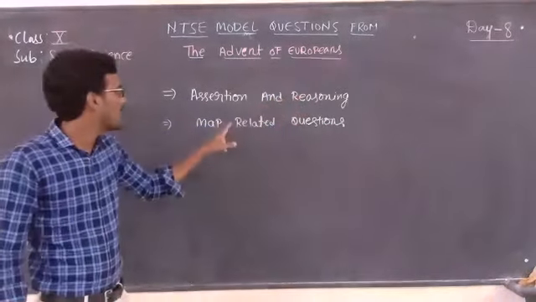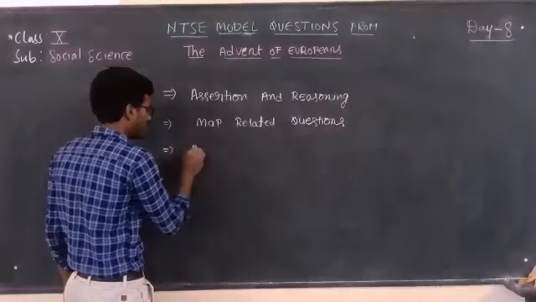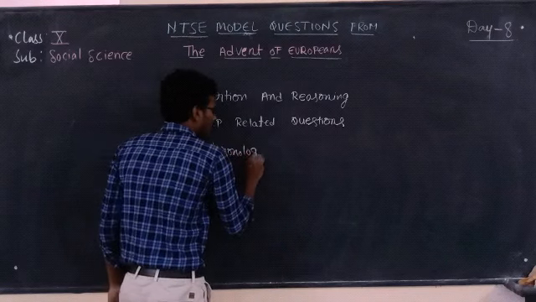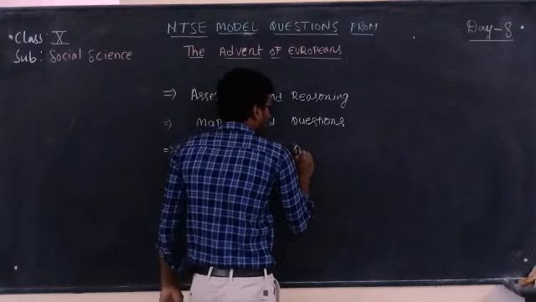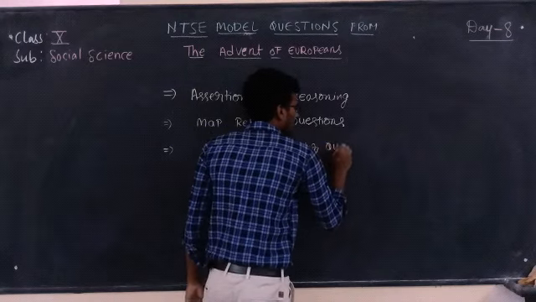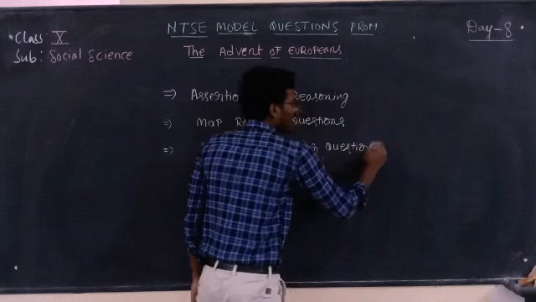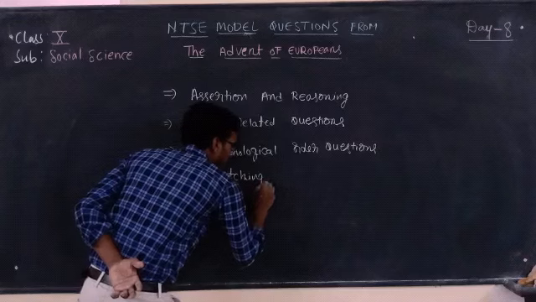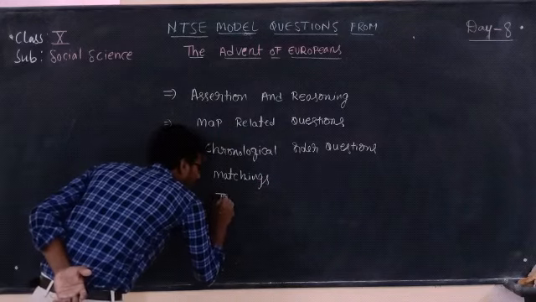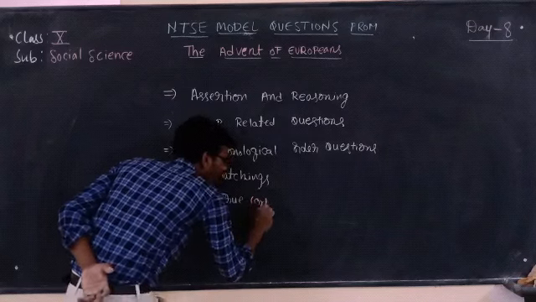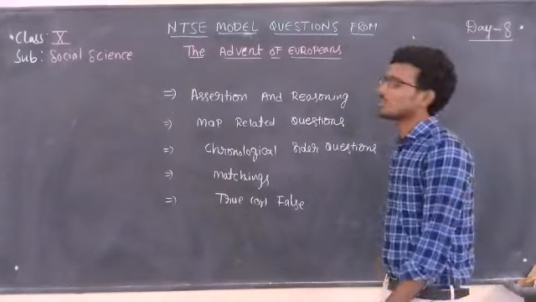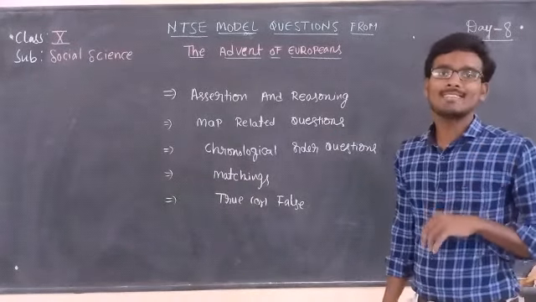Then chronological order questions. Then matchings, and finally true or false. So these are the 5 different model questions that you may get in your NTSE question paper.